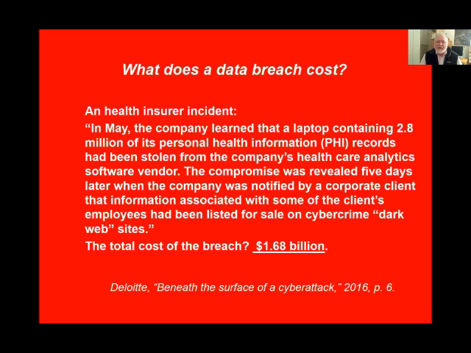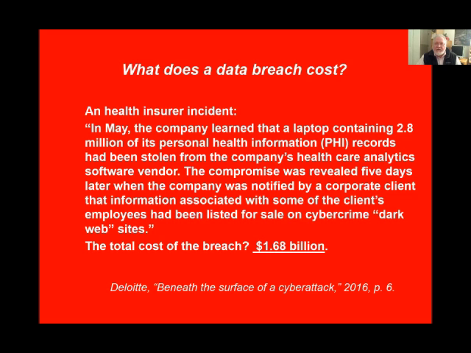The compromise was revealed 5 days after the laptop was stolen, when they were notified by a corporate client, because some of the employees had been listed on dark websites. The total cost that they estimated for this breach was 1.68 billion with a B.